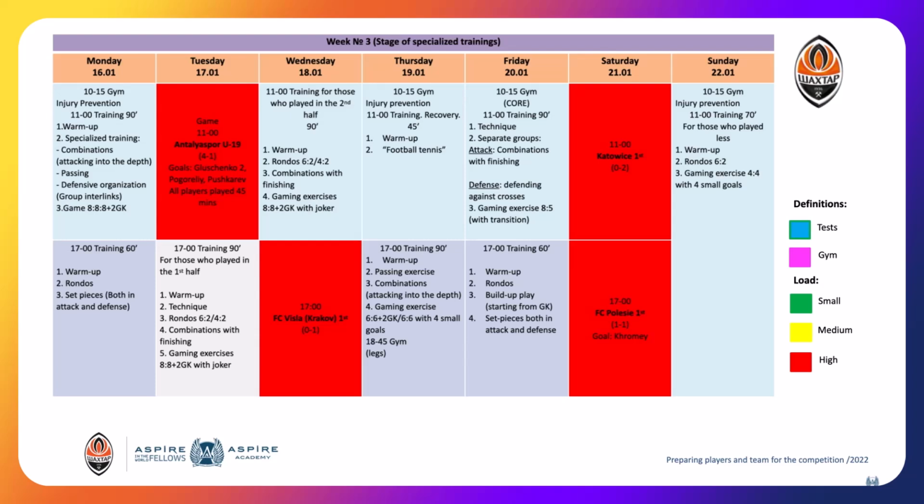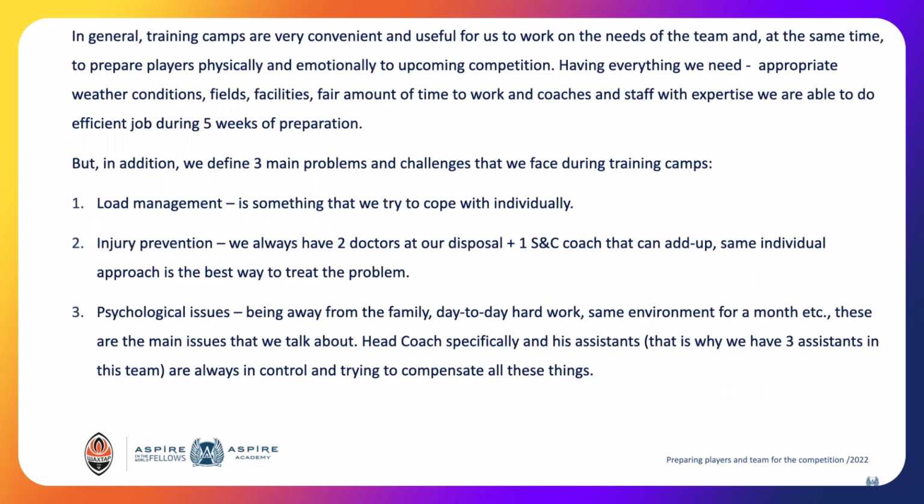I mean younger players, of course. So this is a little bit difficult to manage, but in general I think we are okay and more or less on the same page with the first team.